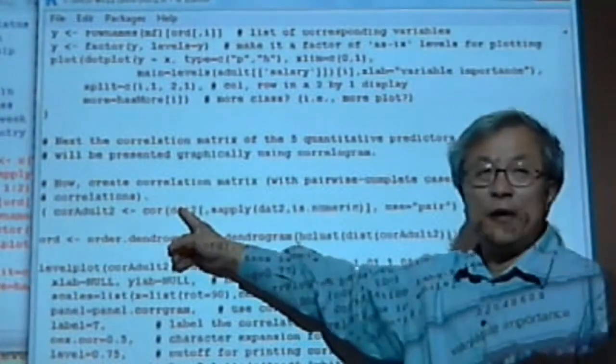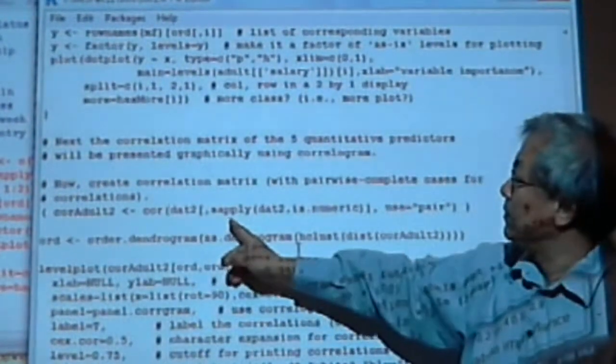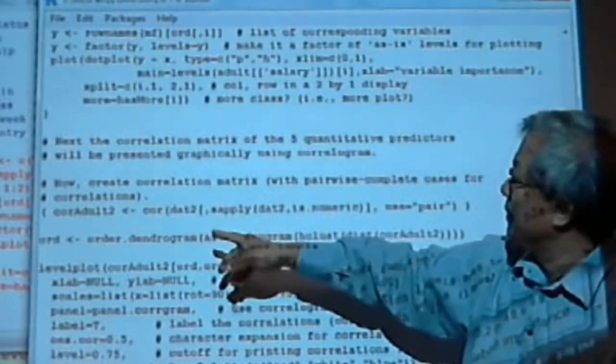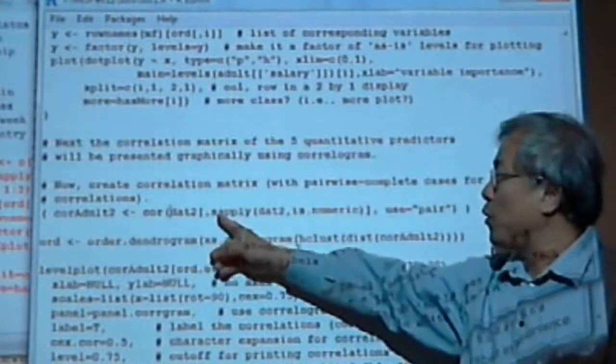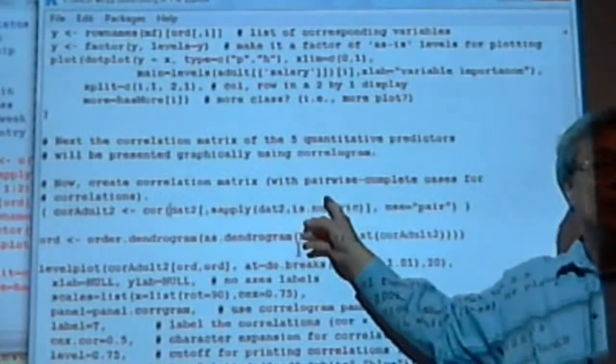See, surprisingly, the correlation among the 5 quantitative predictors is very small. Look at this one. So here I run correlation of our data. Do I have data 2 already? Okay, we already have data 2, right? For this data 2, I run correlation among those numeric variables.